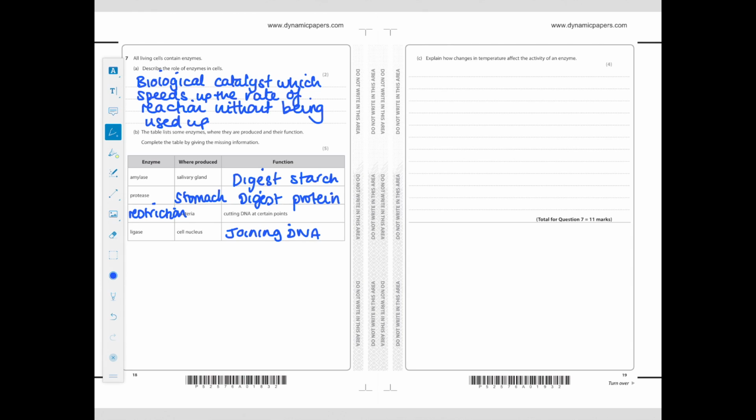C. Explain how changes in temperature can affect the activity of an enzyme, and note that it's changes, so that could be increased temperature or decreased temperature. It's worth 4 marks, so we're going to have to write about both.